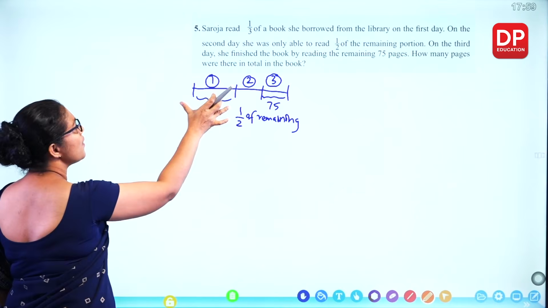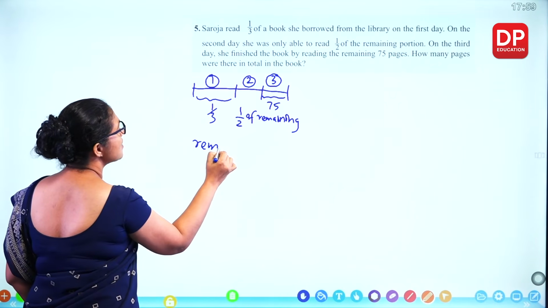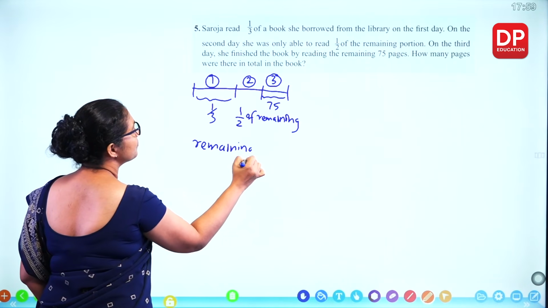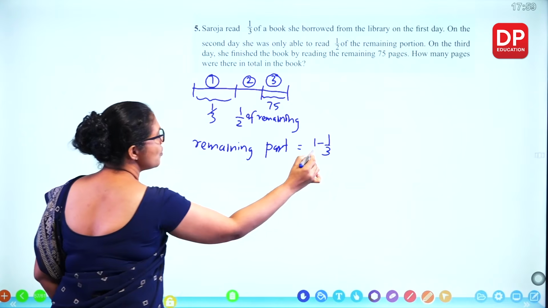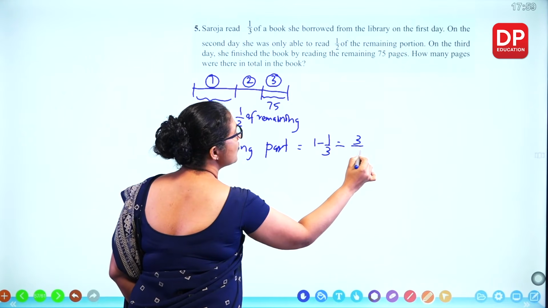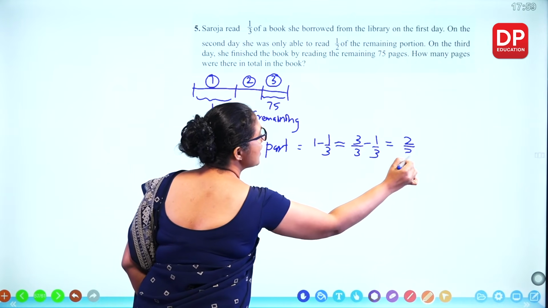Again, we know 1/3 on the first day. So what's the remaining part? It is 1 minus 1/3. So you can rewrite 3/3 minus 1/3 becomes 2/3.